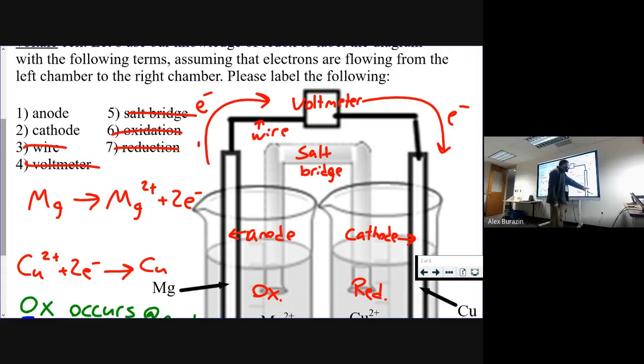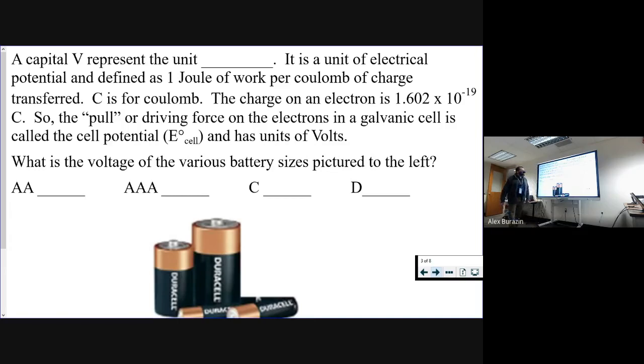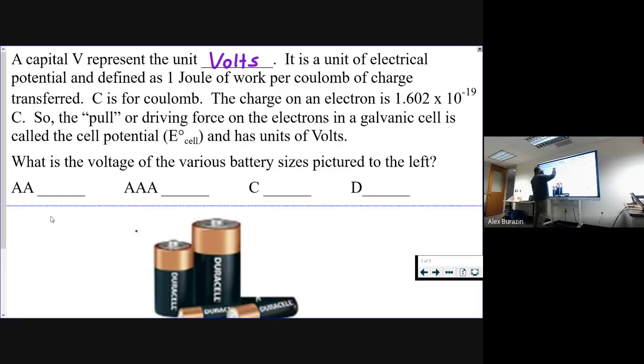So a couple things about batteries, a couple things about voltage. A capital V represents the unit of volts. It is a unit of electrical potential and defined as 1 joule per coulomb.